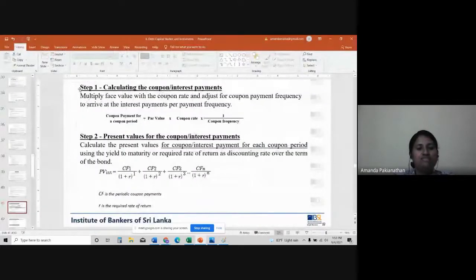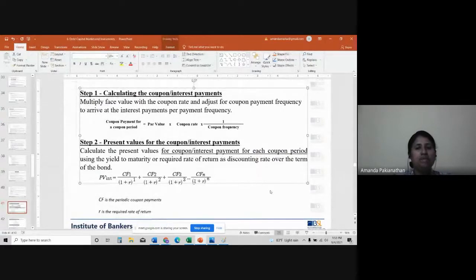So what is the first step when you are coming to value the bond? First step is know your interest amount. First thing that you're going to do is in a coupon period, in one coupon period, how much of an interest are you going to get? So the formula is you will have the face value of the bond.